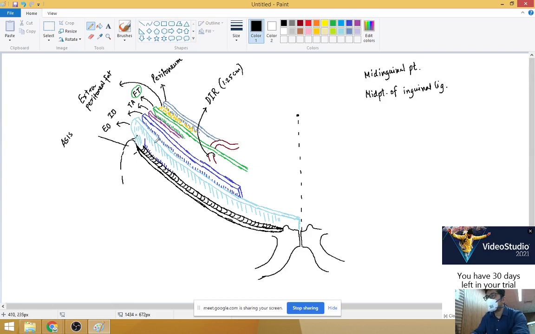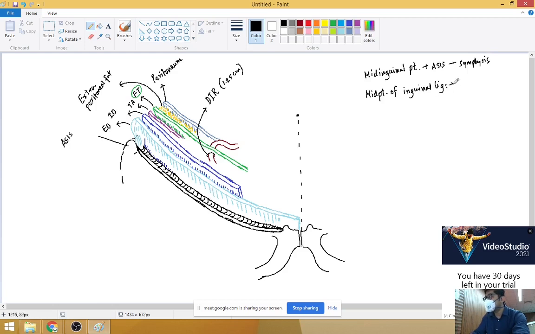Now the mid-inguinal point is starting at anterior superior iliac spine till the symphysis. That means from here till here. You find out what is the midpoint, so that is the mid-inguinal point.